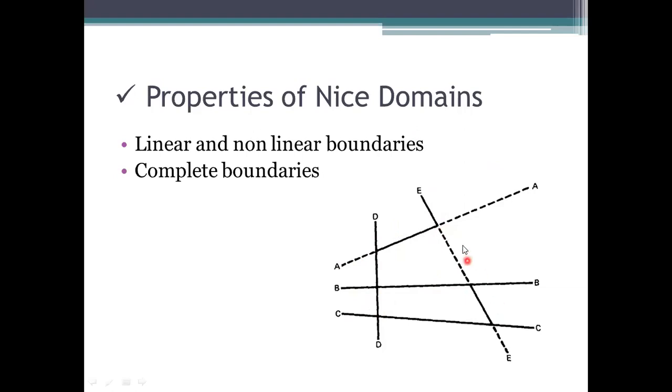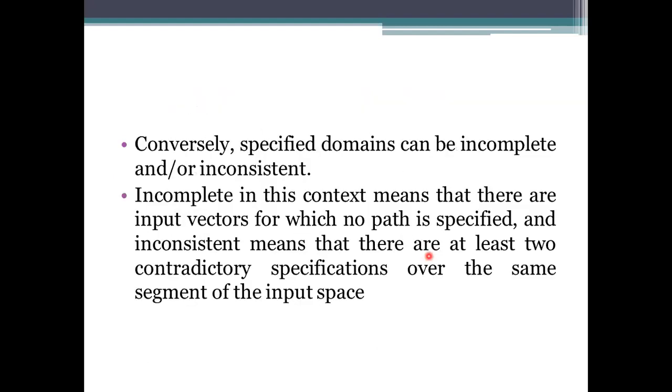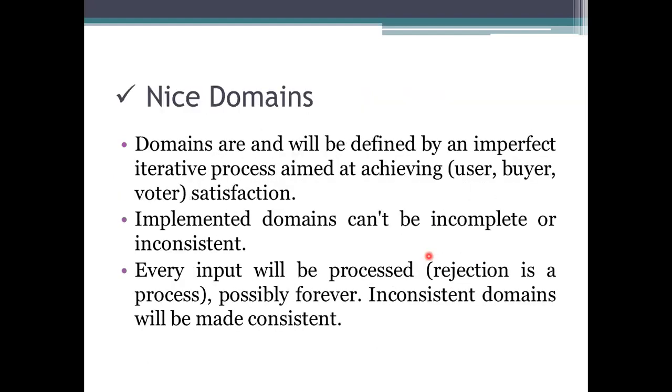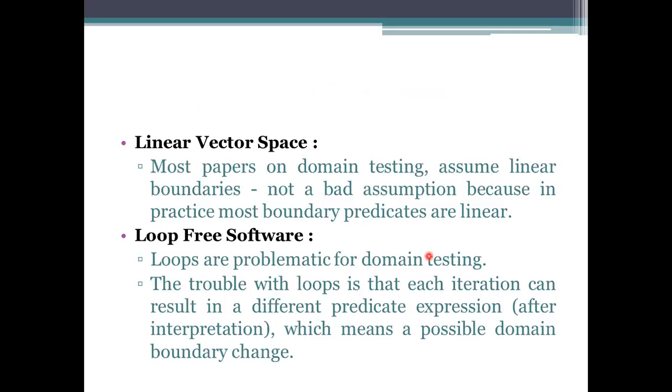So these dashed lines represent the missed boundaries or the missed values of the representation. Linear will be specified, okay, but not all the time. So it will become incomplete boundaries, or boundaries which are missing value representations.